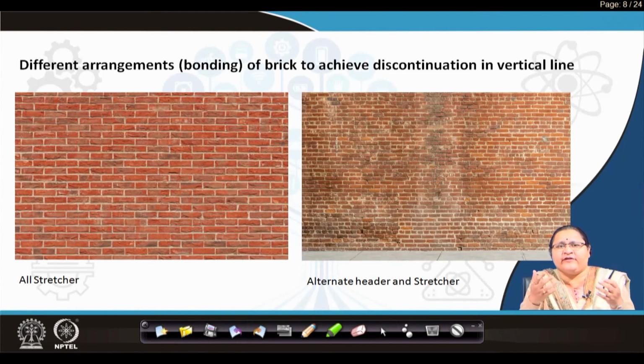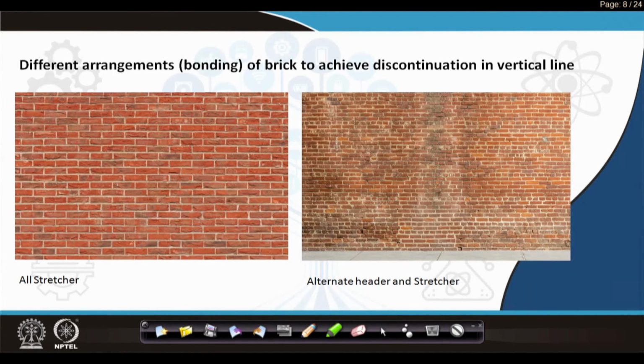There are various kinds of bonds, English bond, Flemish bond, double English bond, because different kinds of widths of walls are required. Walls can hold their weight from 3 inches even. So, even a brick can be sitting on its wider side, on its thickness side, but usually bricks are to rest on their bed.